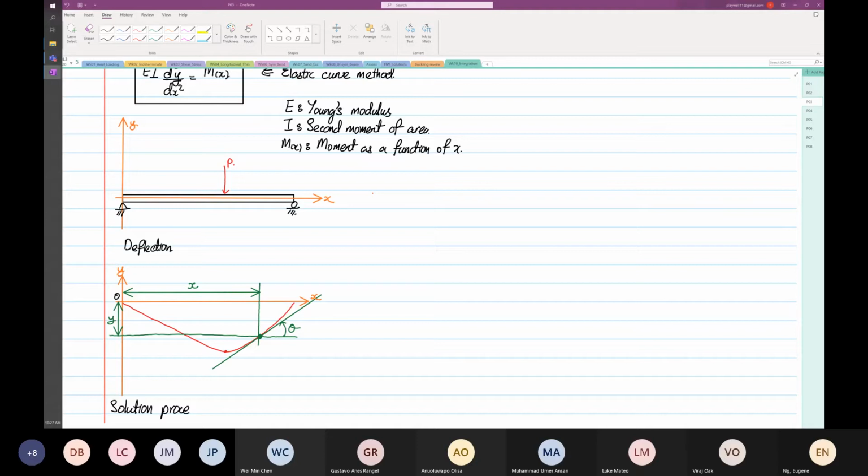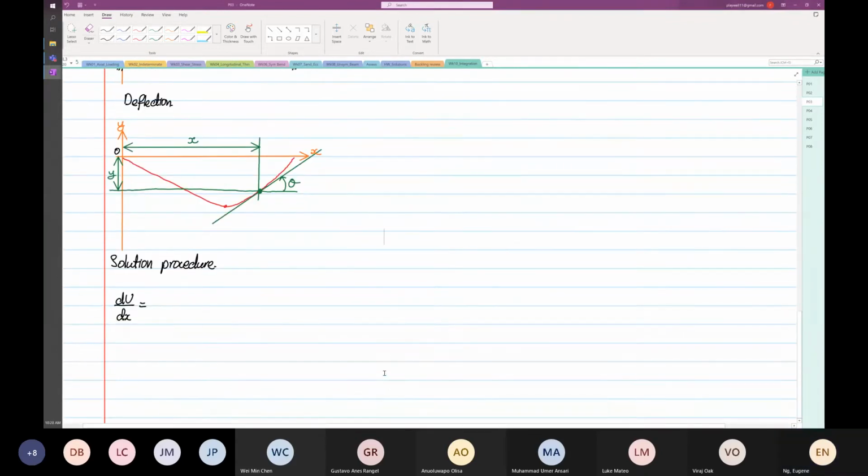The solution procedure is as follows. Again, we go back to this, dV by dx is equal to... Oh, it's near the end of the page. Let me see if I have more space. Yeah, I have more space on the side, so I will do this.